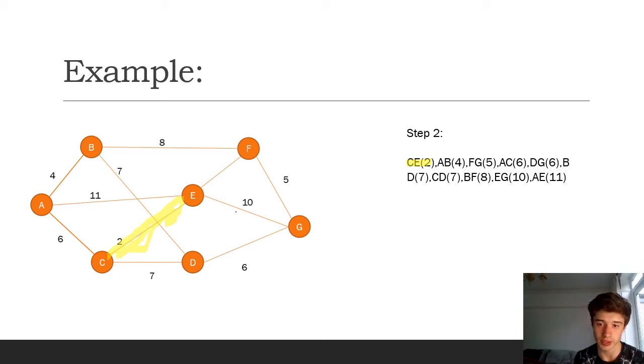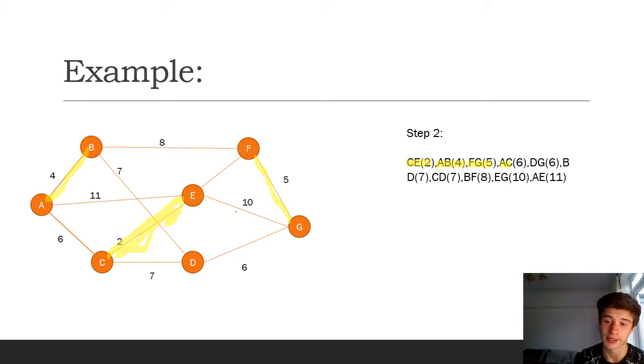A to B is next, so you go in turn. A to B is 4, and of course, no cycles formed. F to G, that's 5. We can add that because we haven't actually even connected any vertices with two arcs yet, so no cycles in sight. It's fine to add that in.